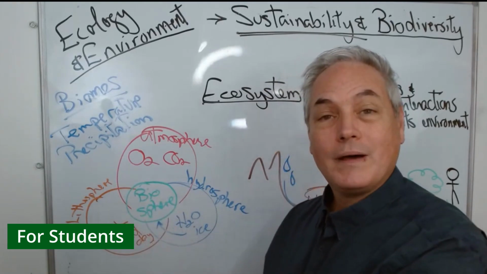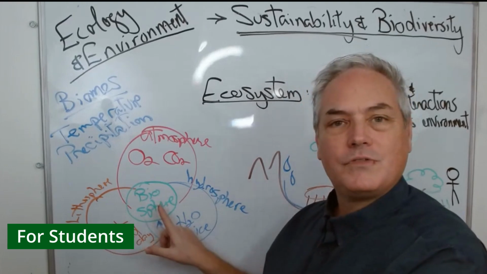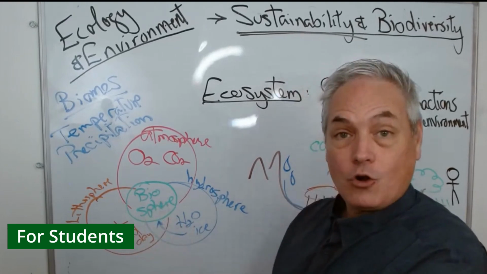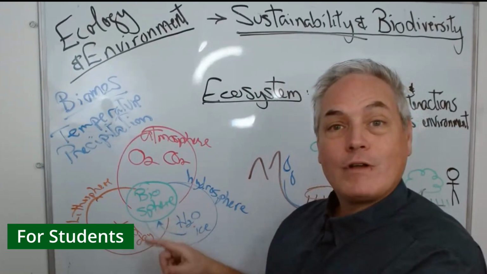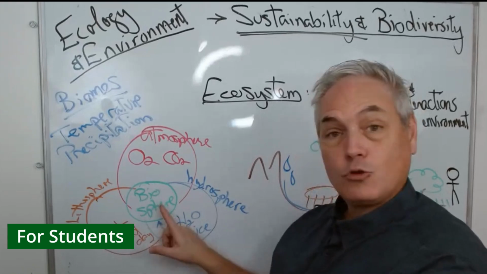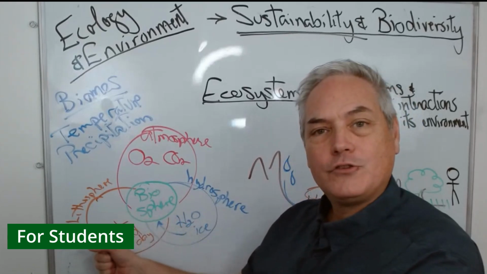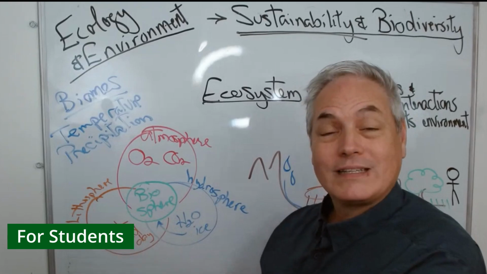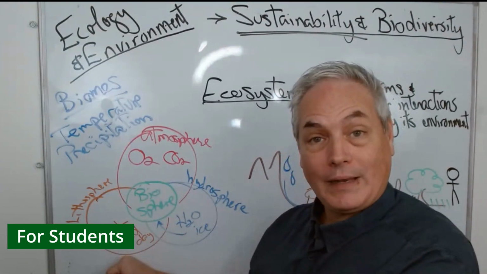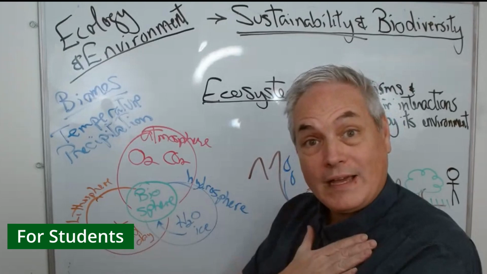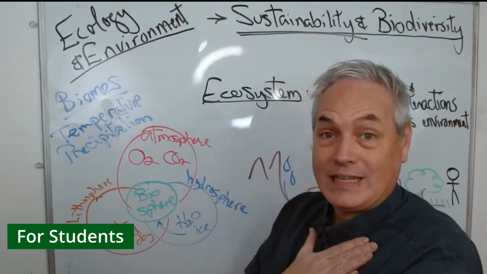Perfect. The biosphere is amazing because the biosphere is all the living organisms interacting with each other. But in order to do so, it needs the ground and the lithosphere, because without the ground, there are no minerals and vitamins for the plants, which are used by all other organisms when they eat.